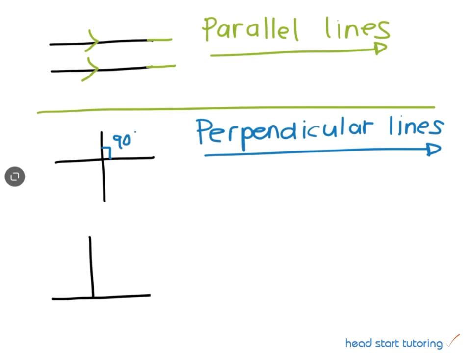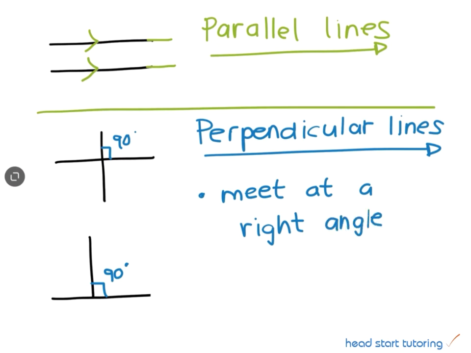So they intersect at a right angle, or they can just bisect here at a right angle at 90 degrees. So perpendicular lines meet at a right angle. And remember that a right angle is 90 degrees. So those are your perpendicular lines.